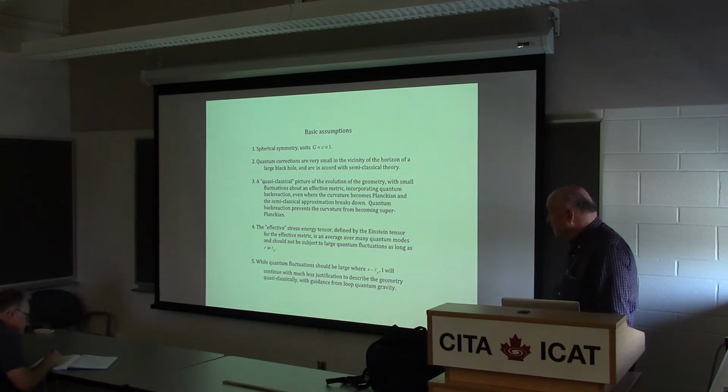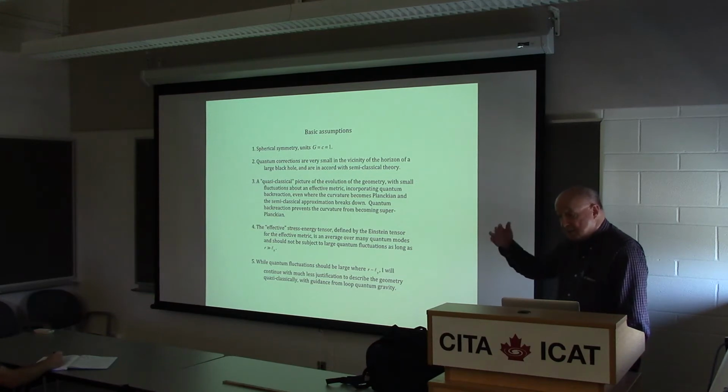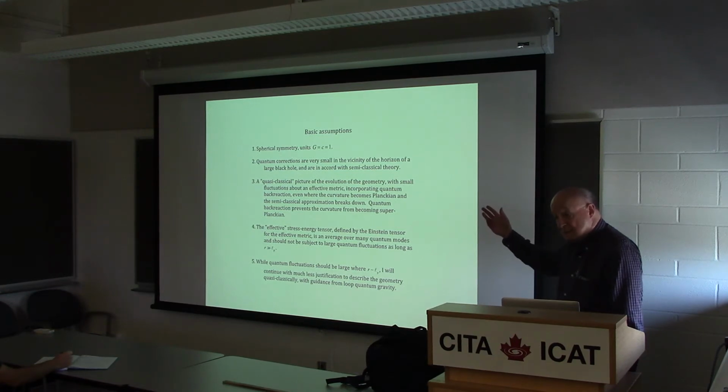But in this quasi-classical picture, you're saying that the quantum back reaction modifies the geometry, but in a fairly smooth way. In other words, the geometry continues to evolve with a different stress tensor than you would expect just from semi-classical theory, which breaks down at that point.